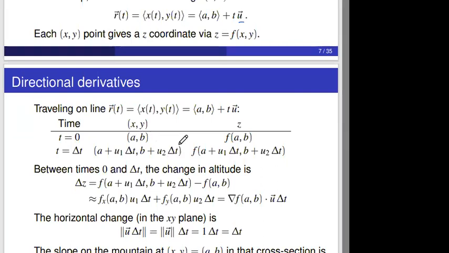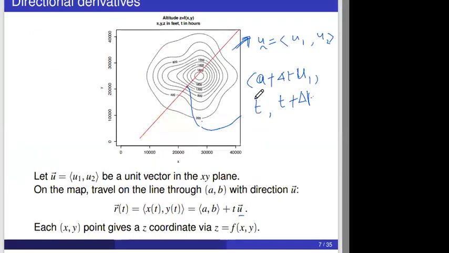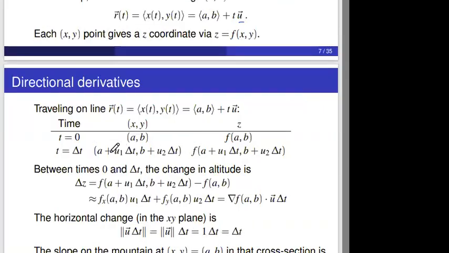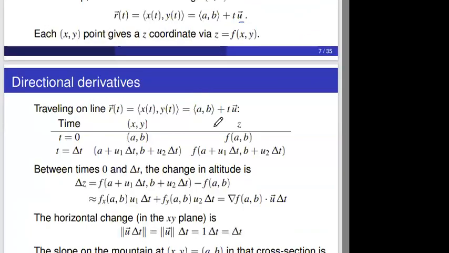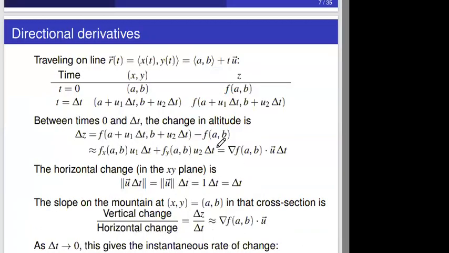The corresponding function value is the height, f of (a, b). You get the height at this point, and the corresponding height here is this. Then you can find the vertical height difference if you move from here to there.